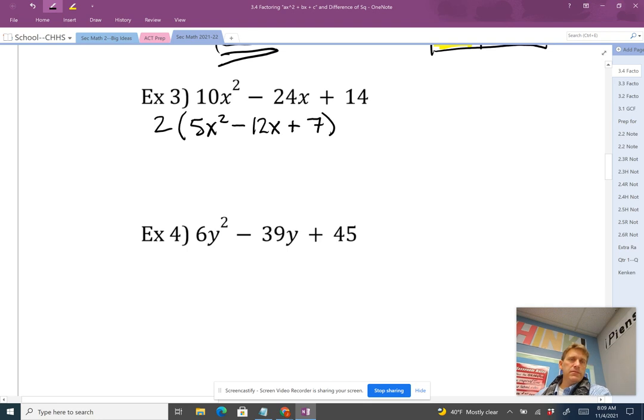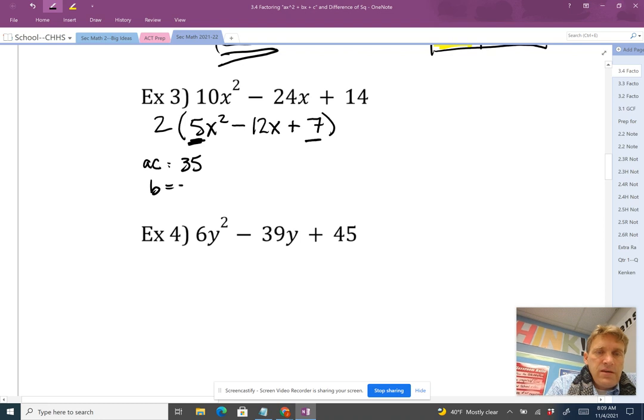And then I'm going to take A times C, but using the trinomial inside the box. So this 2 outside, I factored that out. I'm going to leave it out there until I get to the end. And so AC, again, this being A and this being C, 5 times 7 is 35.